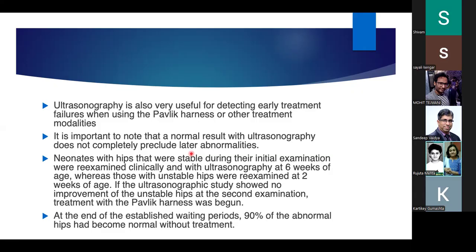If the USG study showed no improvement of unstable hips at the second examination, then treatment with the Pavlik harness is to begin. At the end of the established waiting periods, 90% of the abnormal hips had become normal without treatment.